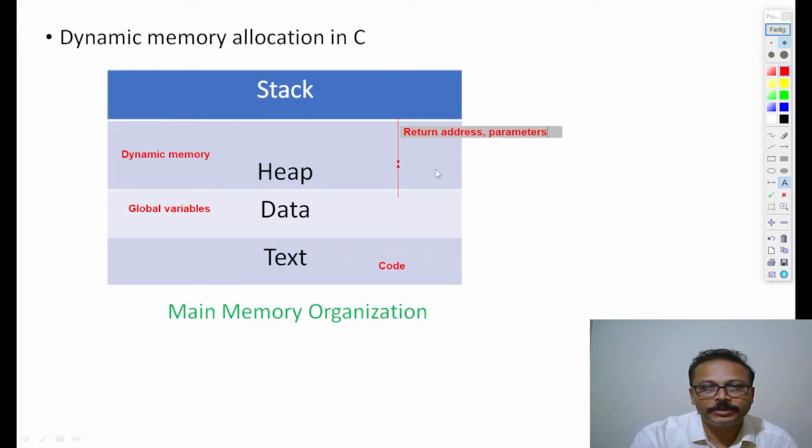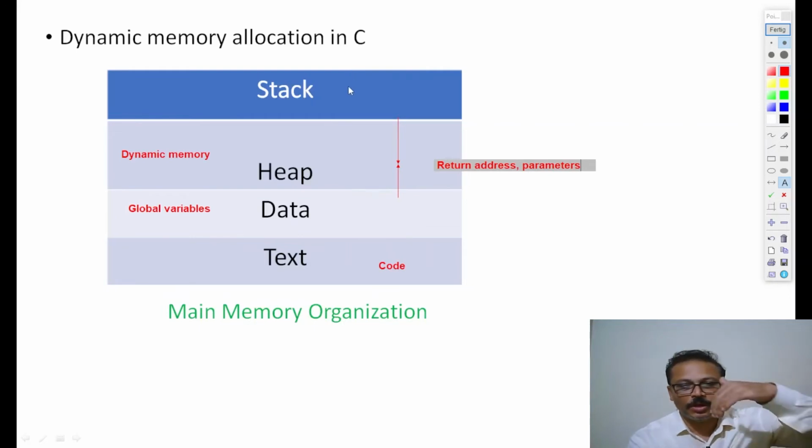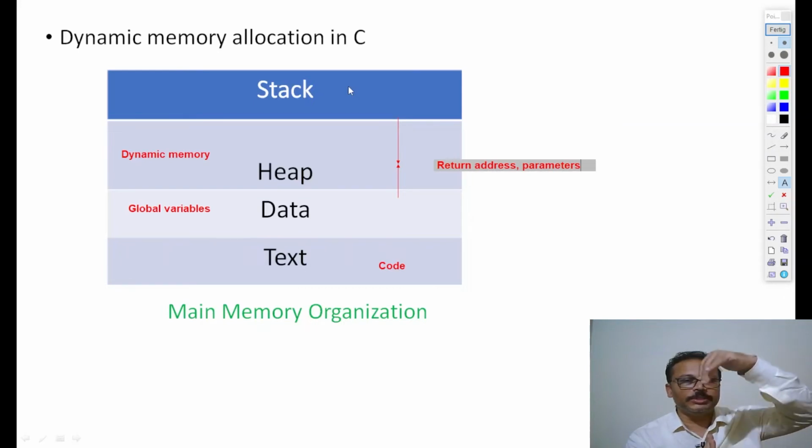I cannot do it during the slideshow, but the point is that the stack part grows in this direction, and the heap part grows in this direction, the opposite way. Remember, depending on the number of functions that you are using, the stack part may change.